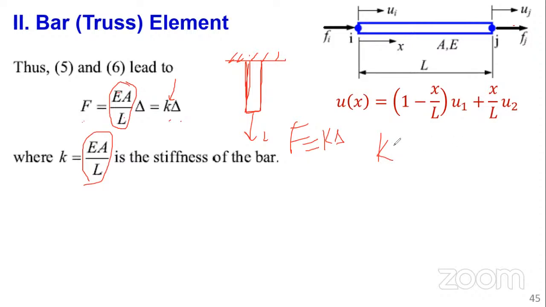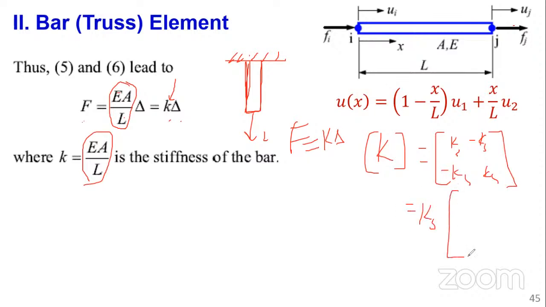So the stiffness matrix for the element was Ks times [1, -1; -1, 1]. Now we are saying the bar element behaves like a spring element with the stiffness being EA over L. So I can quickly say the stiffness matrix for the bar element.